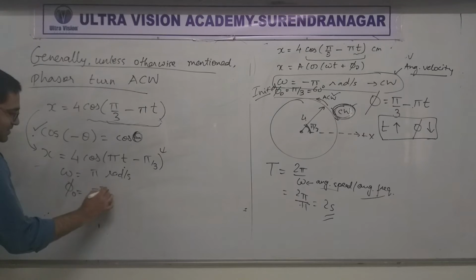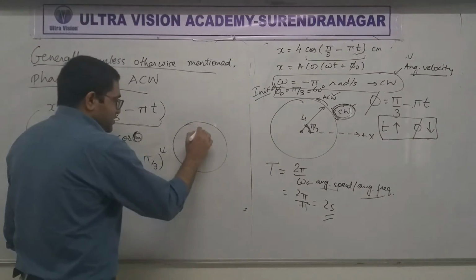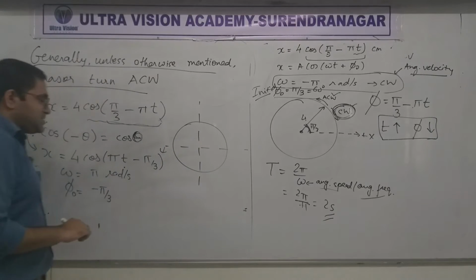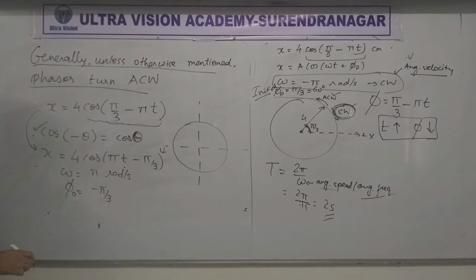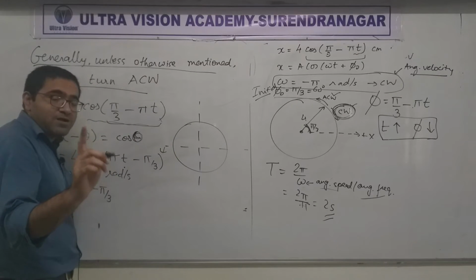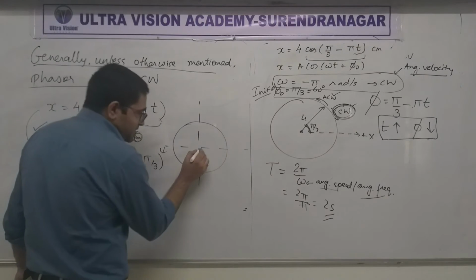Phi 0 is now minus pi by 3. So, if I try to draw a circle now, indicating the phasor or indicating UCM here, let's see what happens. Where does it start from? Minus pi by 3. Negative angle is clockwise. Remember, anti-clockwise is positive angle.